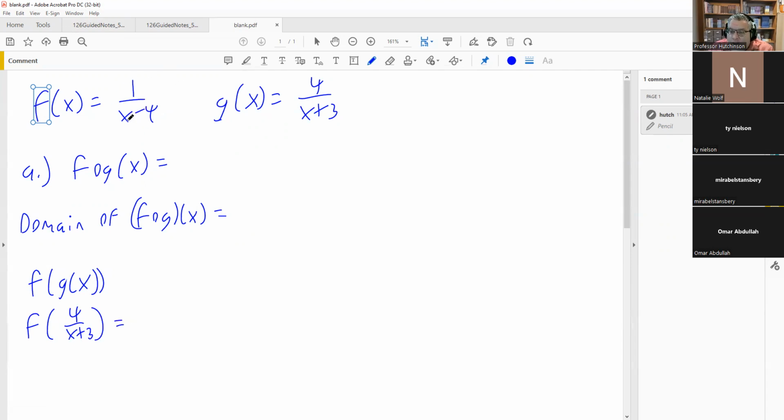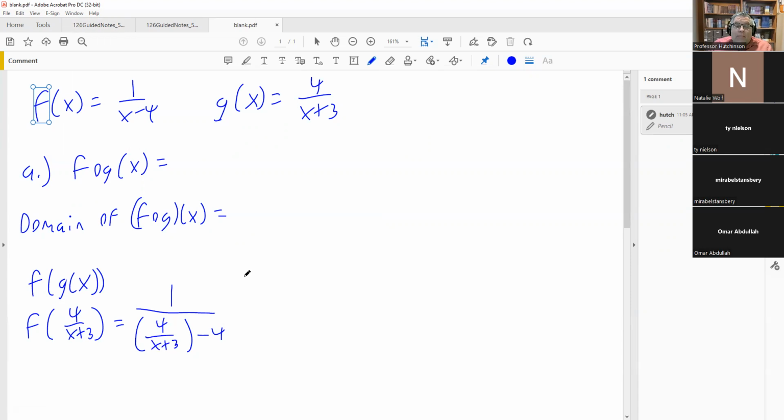So instead of the x here, I'm going to replace it with 4 over x plus 3. This is what the original f of x looks like: something here minus 4. So I just took out the x in the original f function and replaced it with 4 over x plus 3.